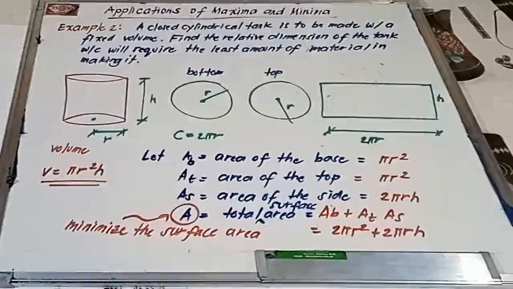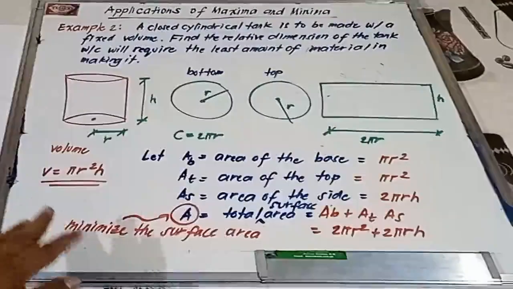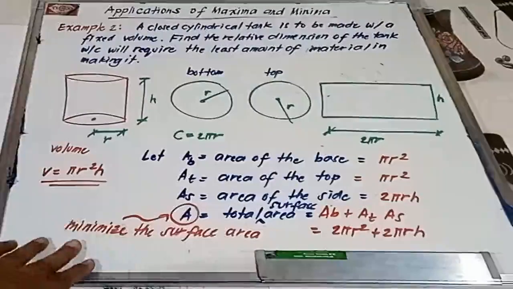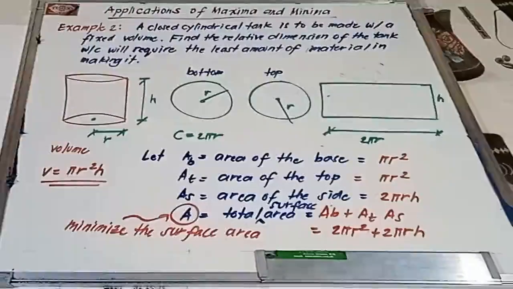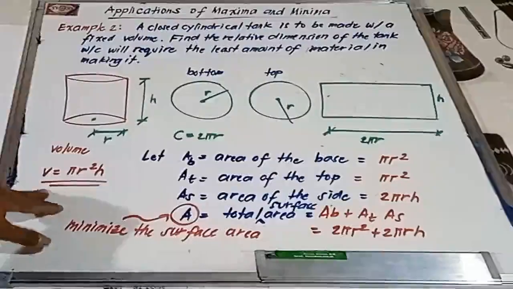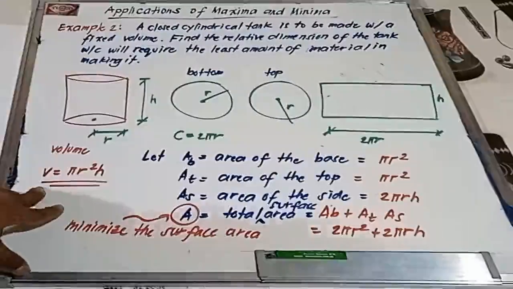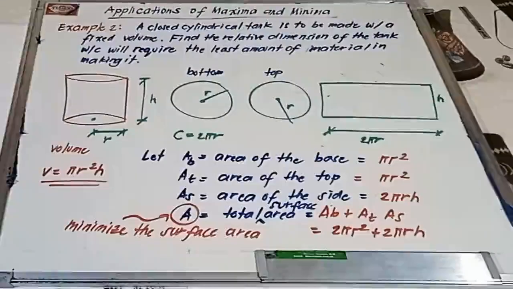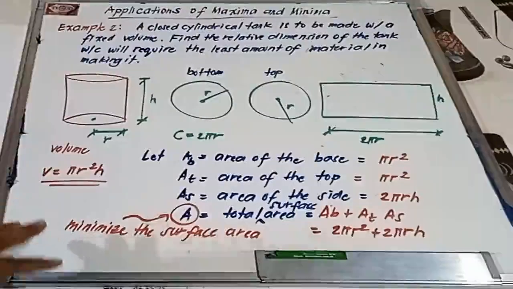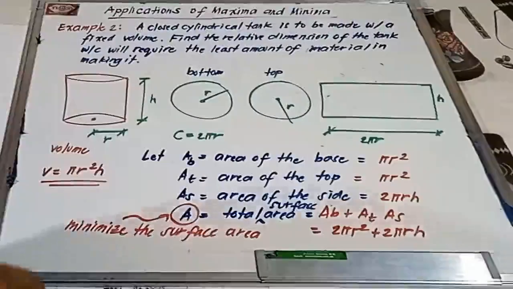Total surface area. Okay. So, meron na tayong illustration. Meron na tayong variable na i-minimize or i-maximize, and that is the total surface area. At the same time, we have here the formula for the volume, which is pi r squared h. And the last step is to determine the derivative of the resulting function.